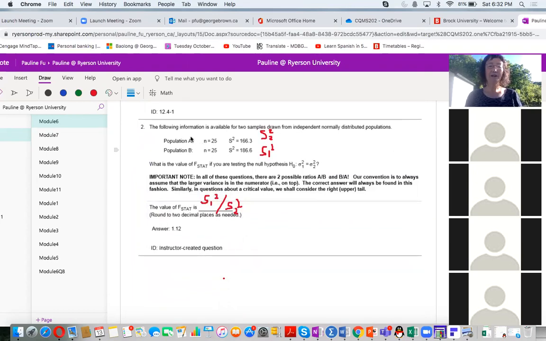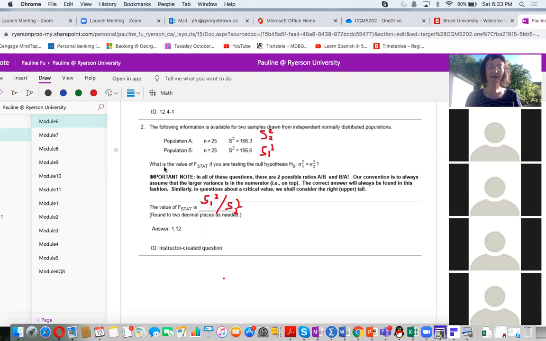The following information is available for 2 samples drawn from independent, normally distributed populations. Population A, the sample size 25, variance S represents standard deviation, S square is variance 160.3, and population B, sample size 25, variance equal to 186.6.